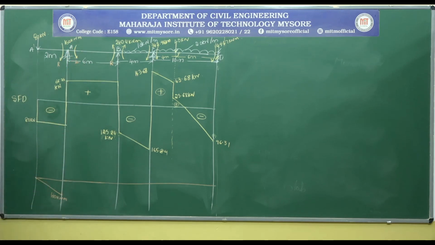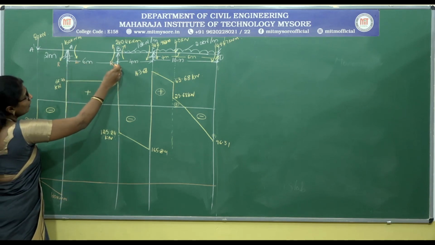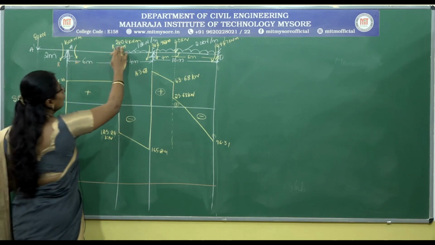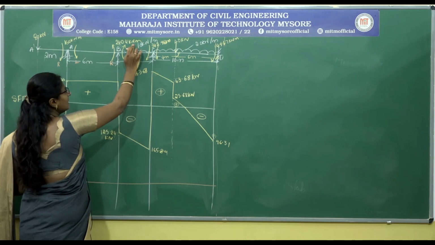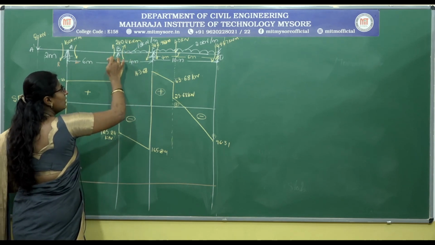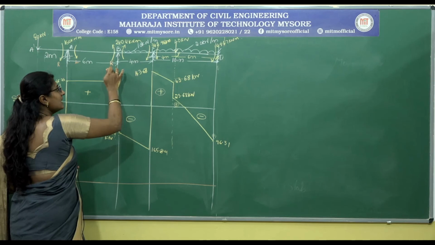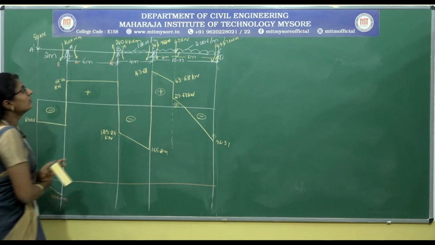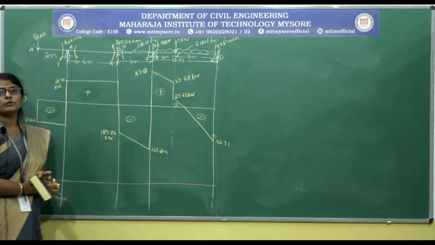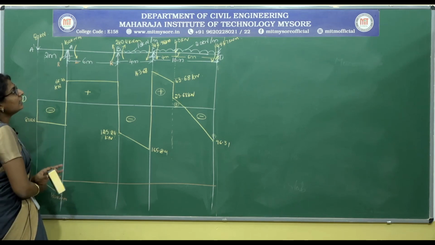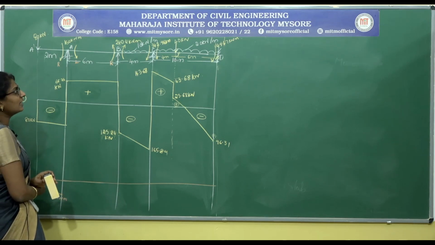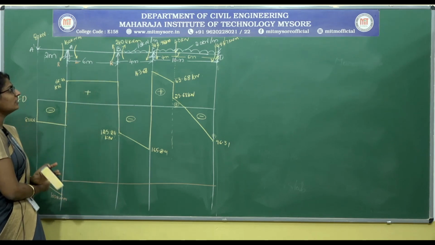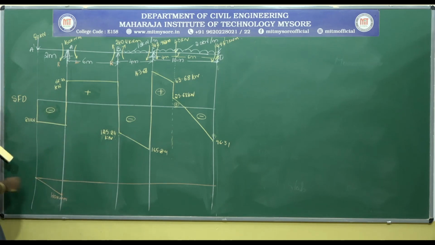So, the moment for AB, the moment acting in the left side in the anti-clockwise direction is again negative, which is already done. Next, for joint B, the moment of 240.4 kilonewton meter is acting. It is acting in the anti-clockwise direction in the right side. So, the moment of 240.4 kilonewton meter acting in the anti-clockwise direction at the right side of the section, therefore, we take this as positive.